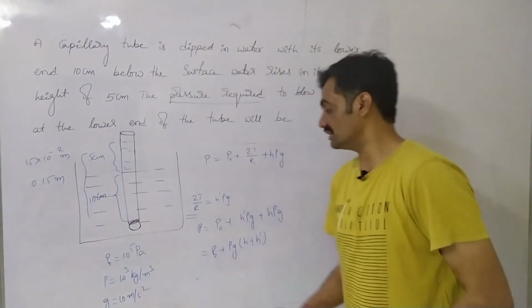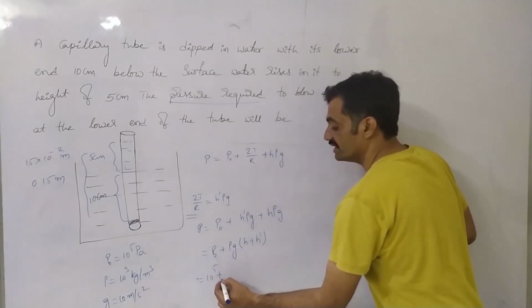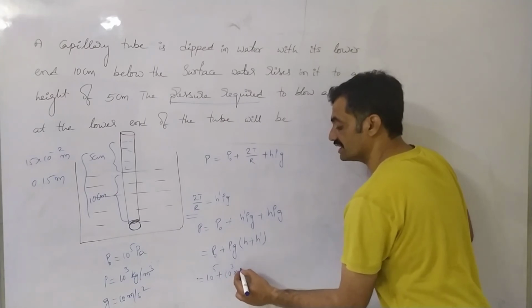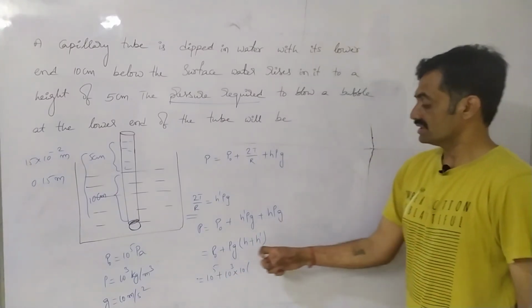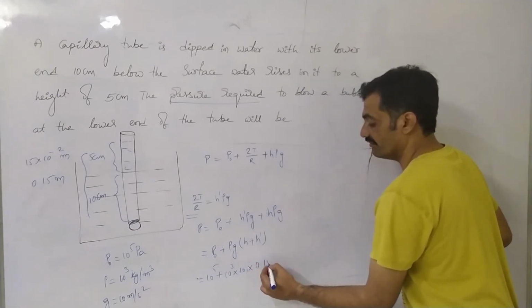So let's substitute all these values in this expression. Observe that 10 to the power of 5 plus 10 to the power of 3 into 10 into 0.15.